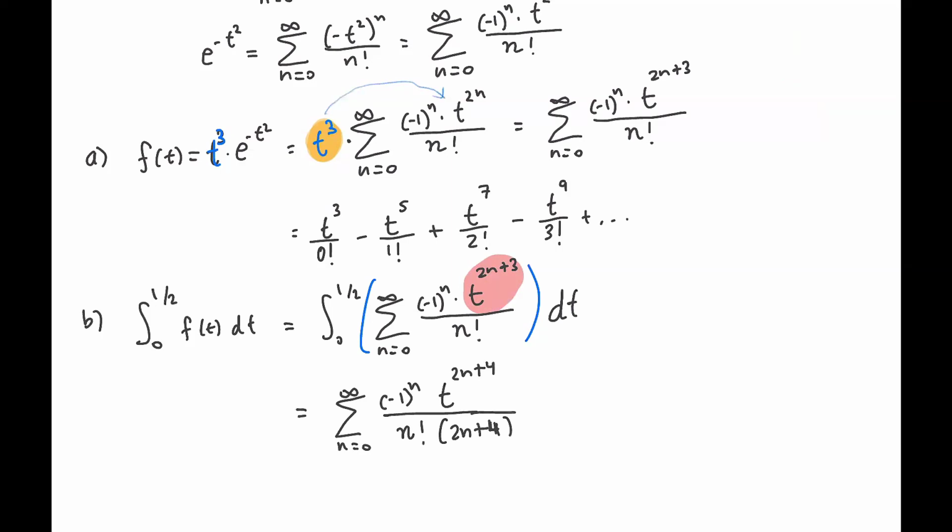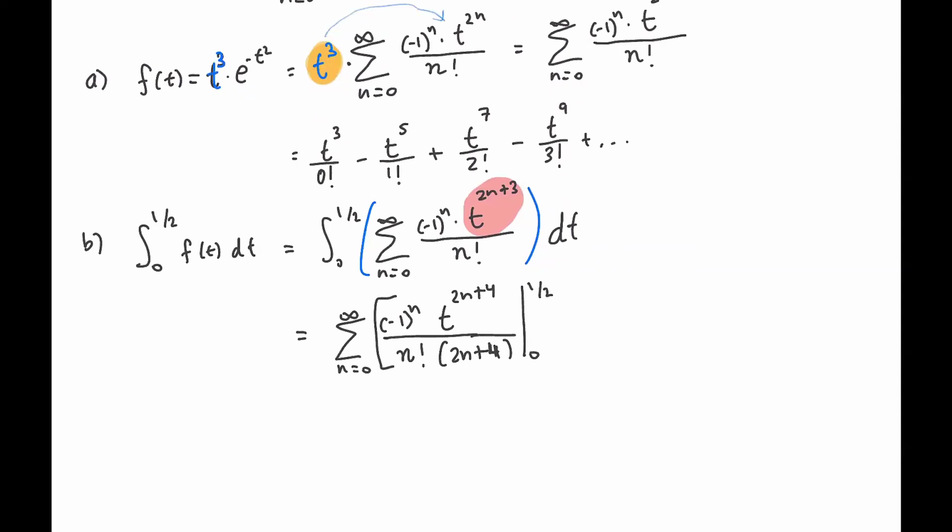That's pretty much what we get for that. And we, of course, have to evaluate all of this from t equals 0 to t equals 1/2. So we end up with the sum from n equals 0 to infinity of -1 to the power of n times 1/2 to the power of 2n plus 4 divided by n factorial times 2n plus 4.